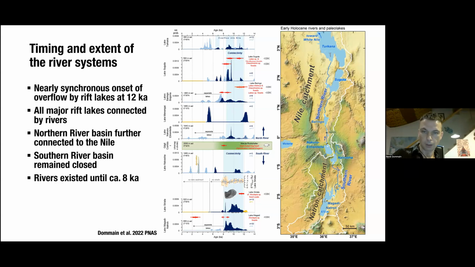We also produced an oxygen isotope record for this Lake Siriata, which shows very subdued variability. That means there was constant inflow and outflow in these through-flow lakes, which suggests that these rivers were permanent in their existence.